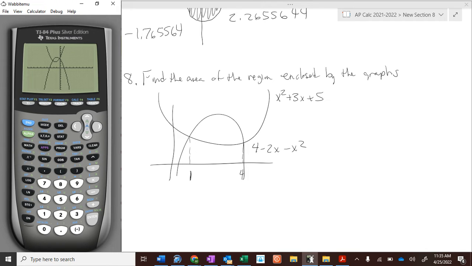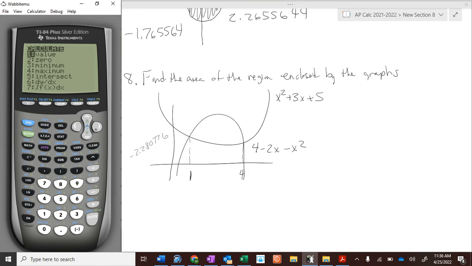So, what's my next step? Second trace intersect 5. We've got to find their intersection points. So go close and go enter, enter, enter. Negative 2.280776.